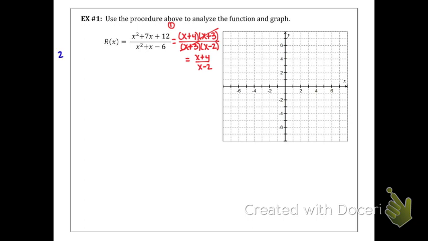Step 2 wants us to find the domain. Now, in order to find the domain, you have to look at the domain of the original function, okay? And so we're really looking at the entire fraction there, but remember, your domain is where your denominator cannot equal 0. And so I'm going to use its factored version since we already did it. It's x plus 3 times x minus 2, and remember, that cannot equal 0.